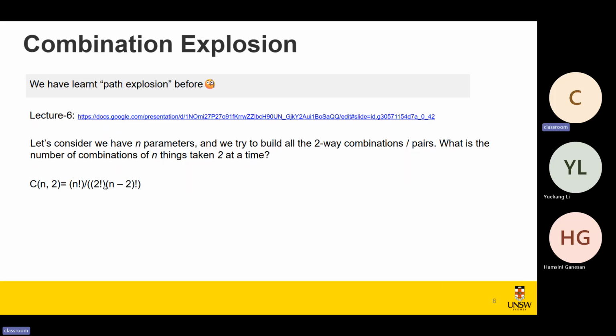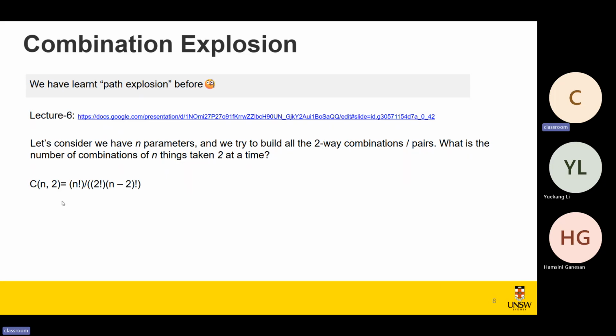If we cared about ordering, then we wouldn't need to divide by 2 factorial. We divide the value of n factorial by this 2 factorial, which means we don't care about the ordering of the two things we are choosing. And for n minus 2, we divide by n minus 2 factorial, which means we don't care about the ordering of the things we are not choosing, right? So this is how it is calculated.